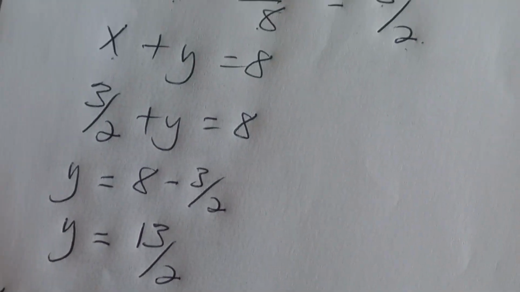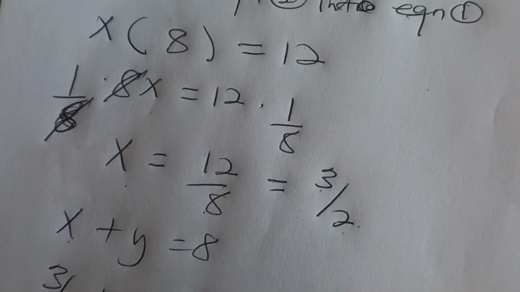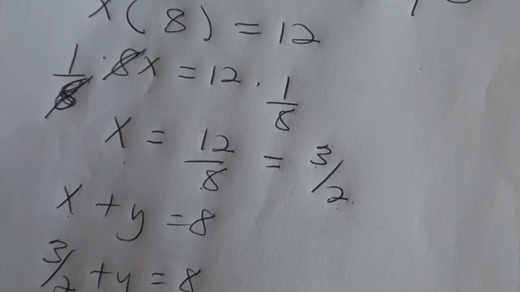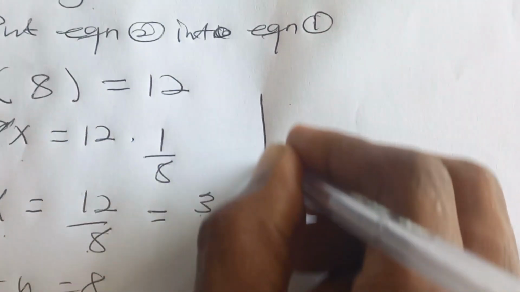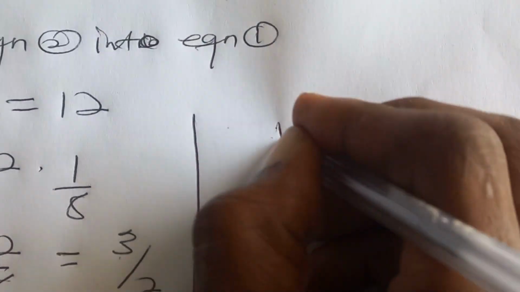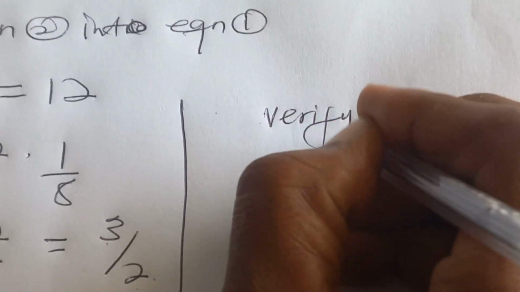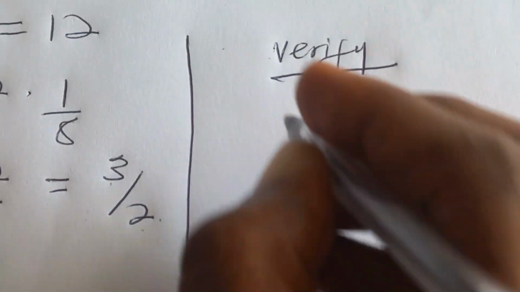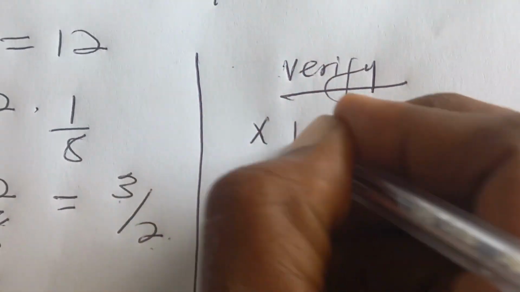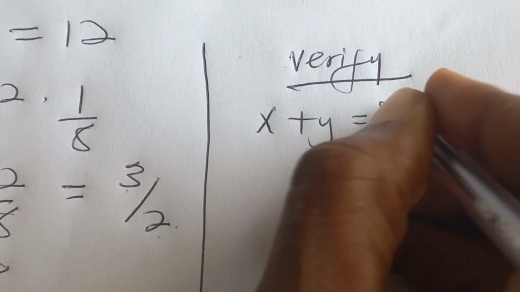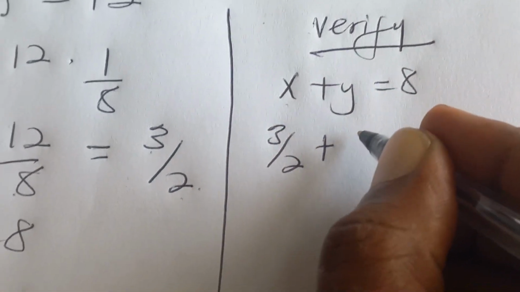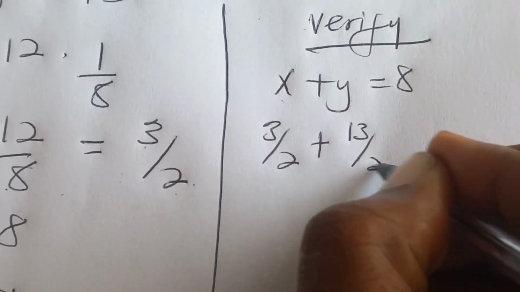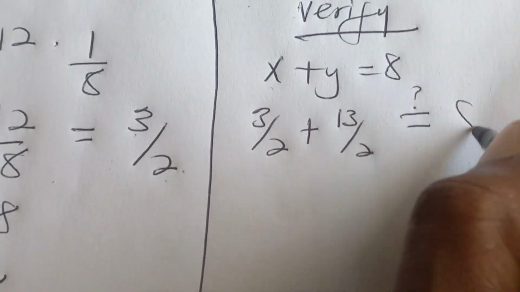Now let's verify to see if these two answers satisfy the equation. So let's verify together. We have x plus y is equal to 8. Our x is 3 on 2, then our y is 13 on 2, and this should give us 8.